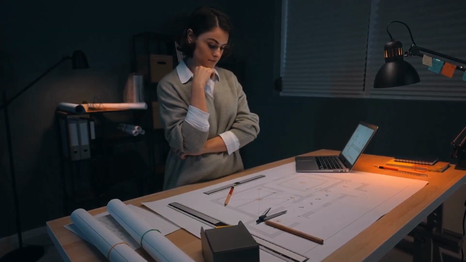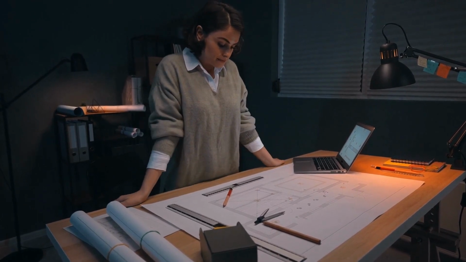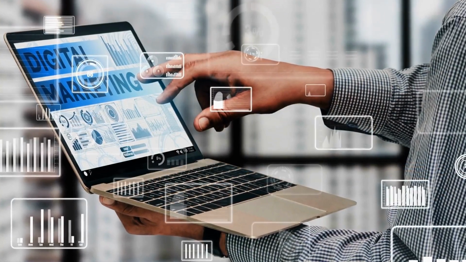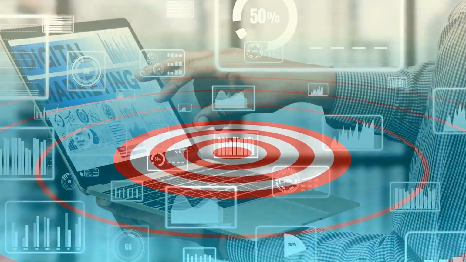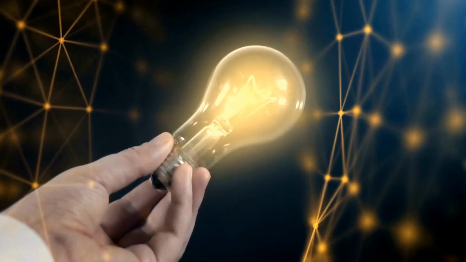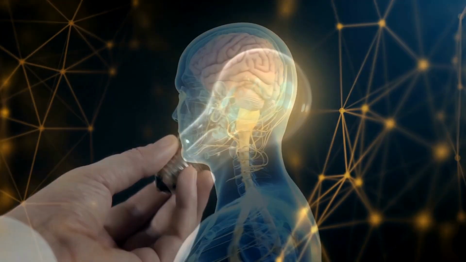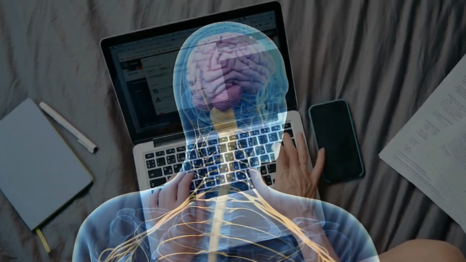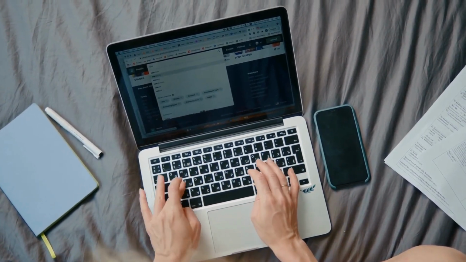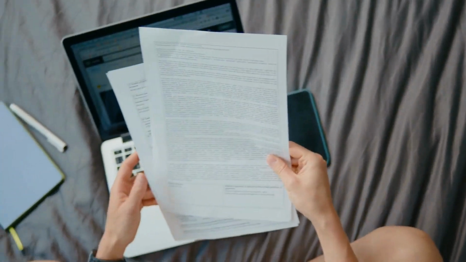So obviously you first have to find a segment, then you have to find different channels, let's say online channels or offline channels, by which you can target that specific segment, and finally you have to create a branding strategy with the help of which you can have some brand value in the brain of the people. Now there are different types of segmentation strategy like demographic segmentation, geographic segmentation, psychographic segmentation, and so on.